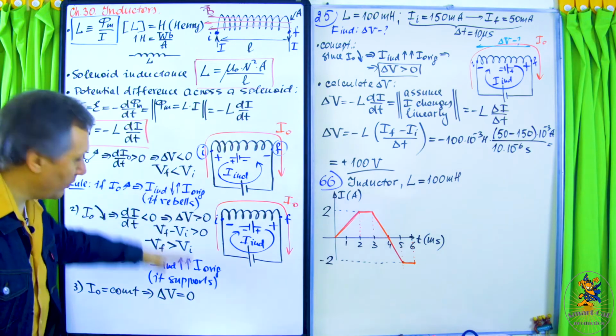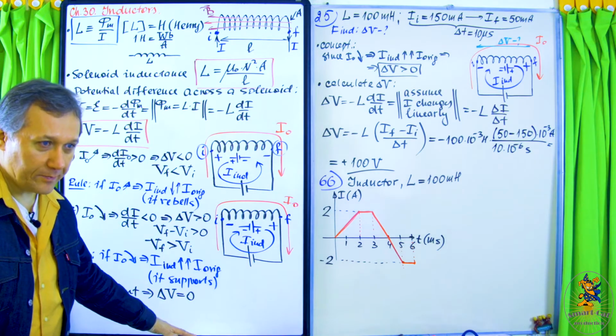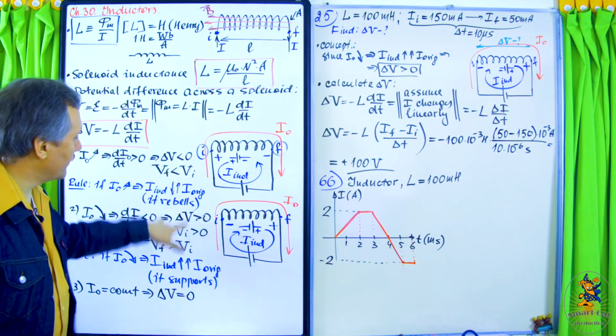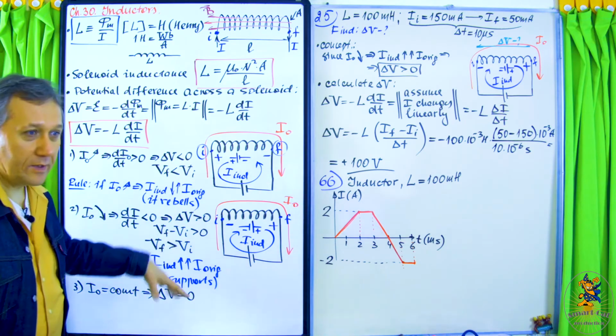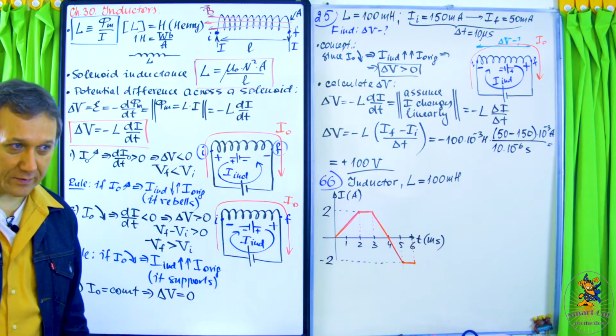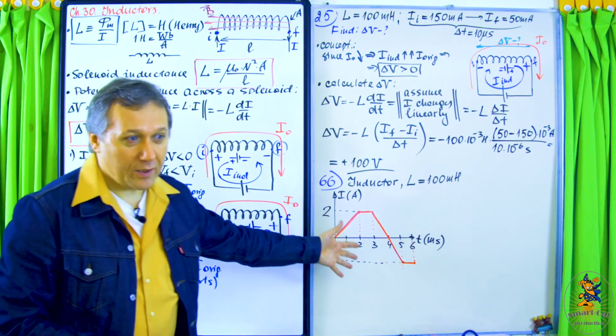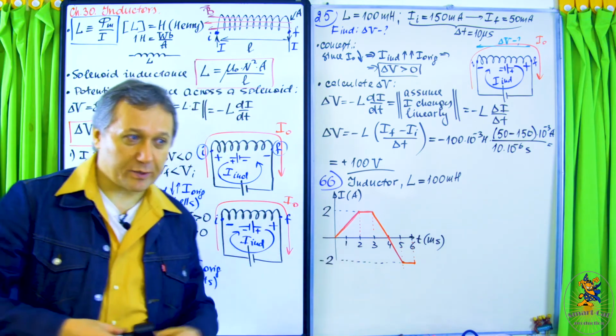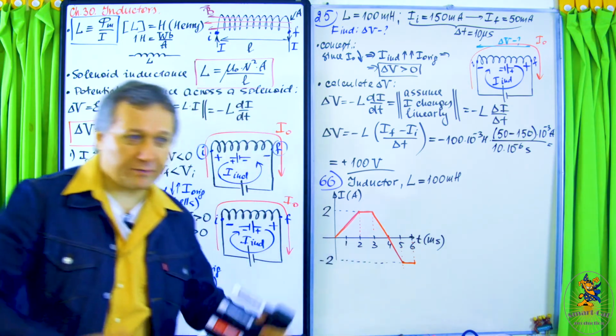Of course, now we need to apply all these 3 rules in order to figure out what happens to the potential difference across the solenoid. Is it positive? Is it negative? What's the value? Because if current changes, the solenoid is not happy, and it starts producing its own potential difference across itself.